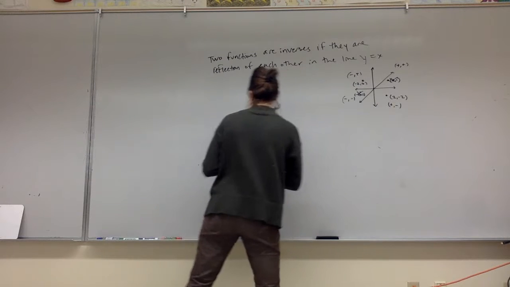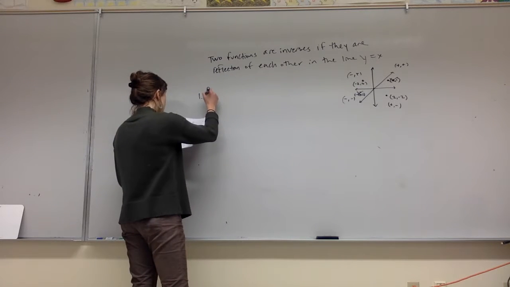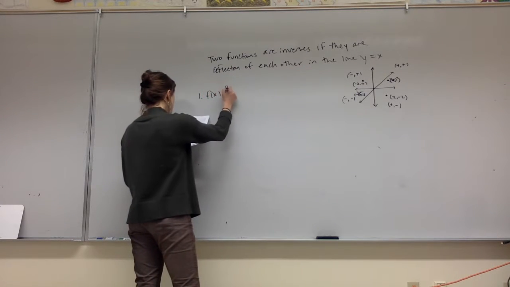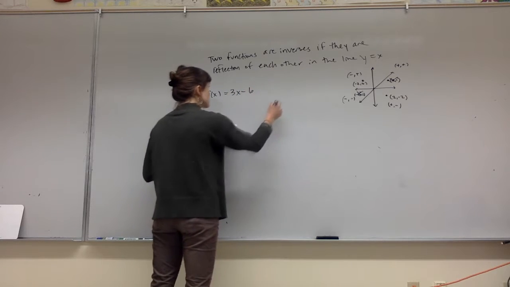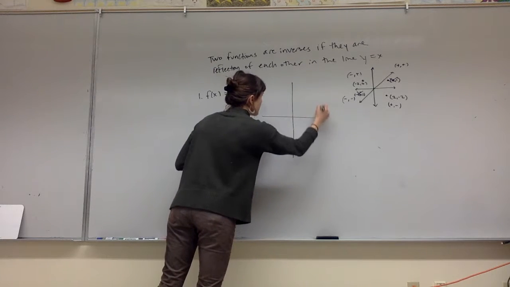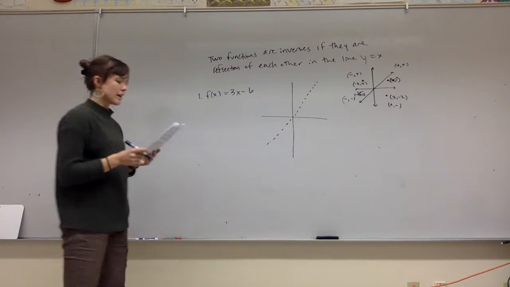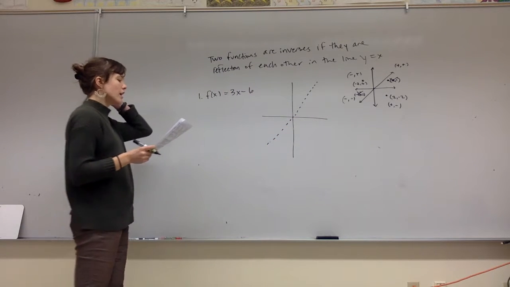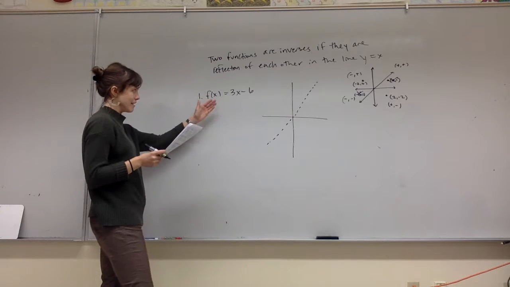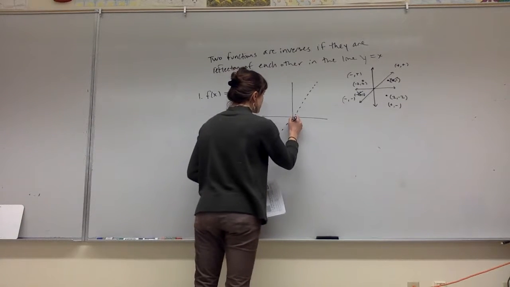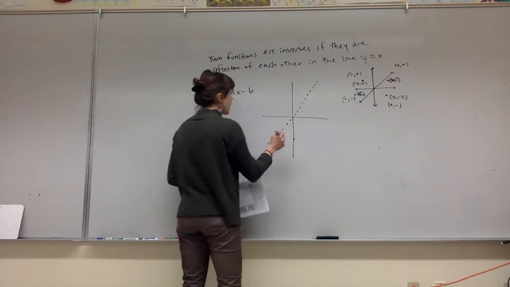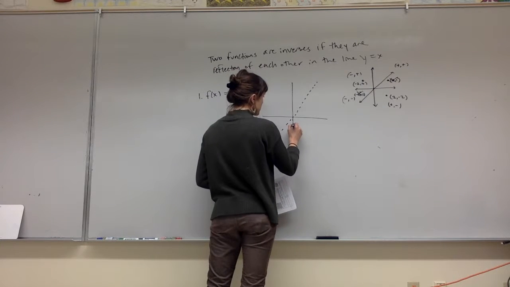Okay. So how do we actually do this? I'll leave that up there. So I have the function f of x equals 3x minus 6. I'm going to graph my y equals x line with a dotted line there. So I'm going to graph this line, 3x minus 6. My y-intercept is negative 6, and then I have a slope of 3. 1, 2, 3.